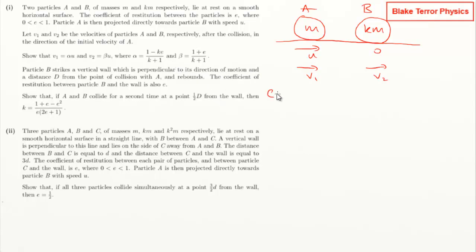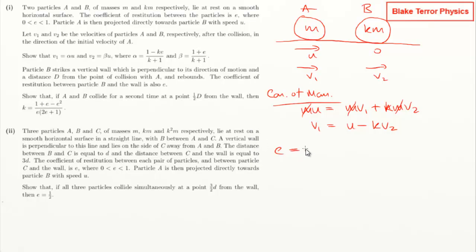So we start off with conservation of momentum, which gives us mu is mv1 plus kmv2. Cancel a whole load of m's. v1 is u minus kv2. And then we can use our coefficient of restitution.